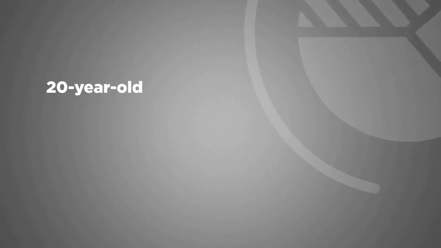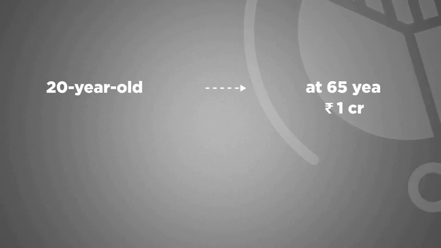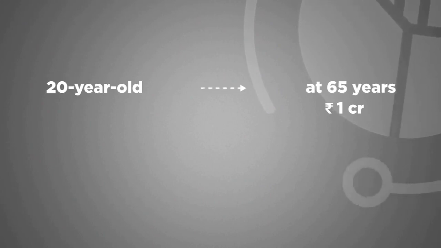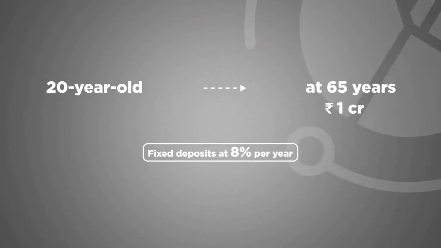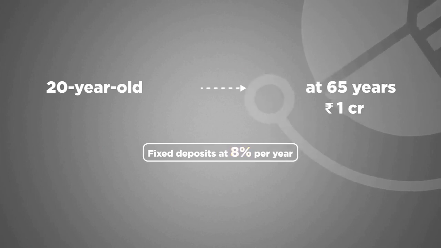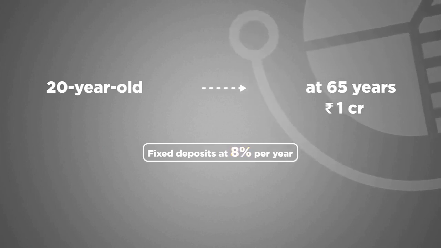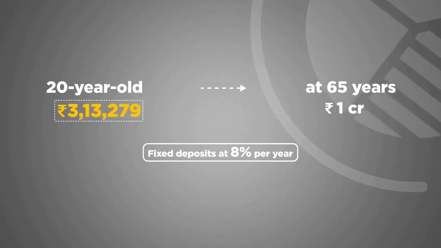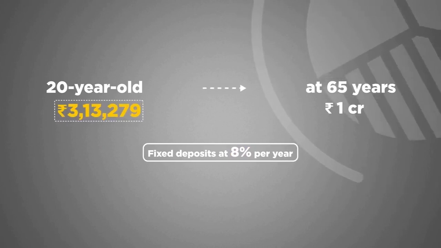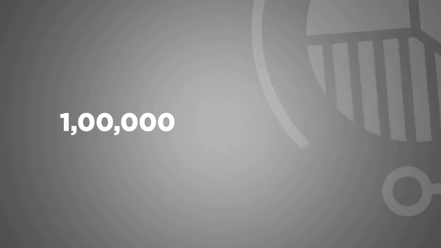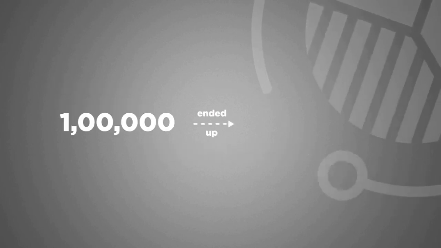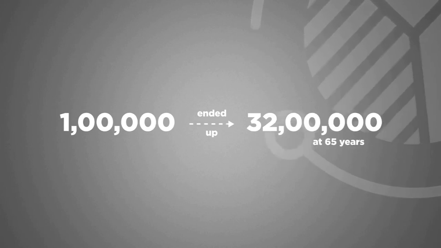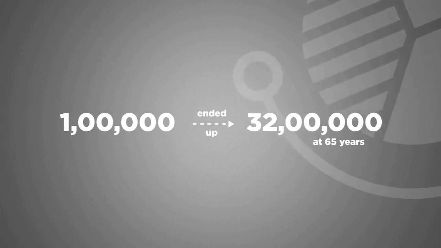A 20-year-old wanting 1 crore at age 65 and investing conservatively in FDs at 8% per year should, according to our calculations, invest about 3 lakhs in the beginning. This should make sense if you compare with the previous example 1, where you started out with 1 lakh and ended up with about 32 lakhs at age 65.